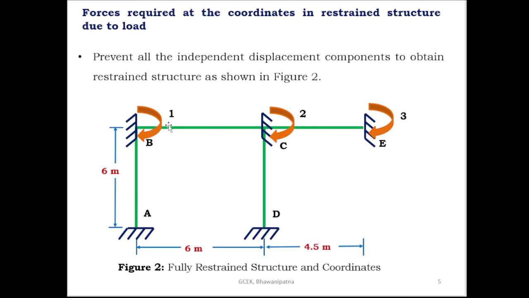So MFBC is equal to P1 dash, and P2 dash is equal to MFCB plus MFCE, but MFCE is equal to 0 as there is no load on the span CE. So MFCE is equal to 0 and MFCB is equal to plus 120 kilonewton meter. So P2 dash is equal to MFCB plus MFCE, and P3 dash is equal to MFEC. Here MFEC is also equal to 0.